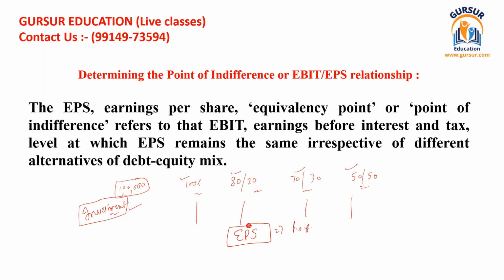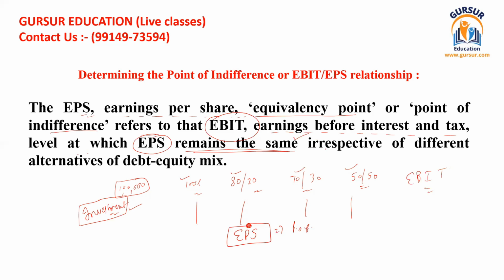Okay, so the earning per share equivalency point or point of indifference refers to that EBIT, that level of earning before interest and tax, at which earning per share remains the same.